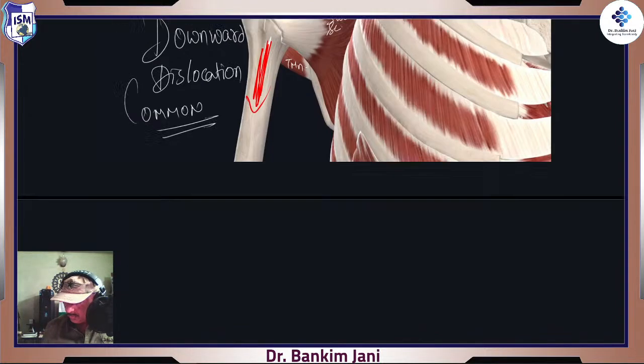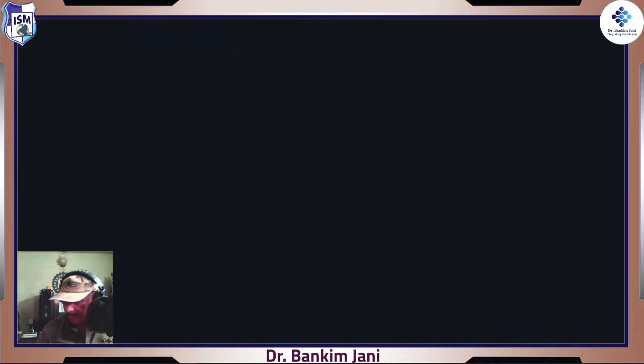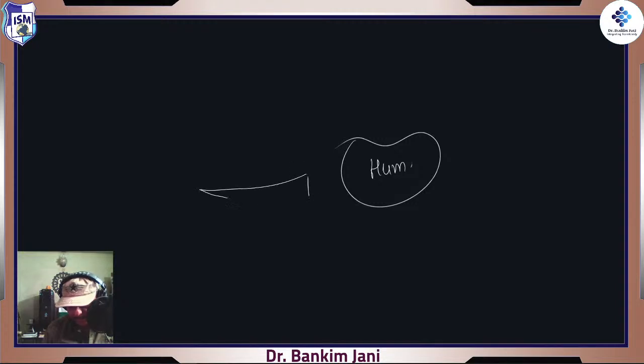So how will we really draw it? Say that's your humerus, correct? That's the humerus, and this is the scapula. If I draw it like this, any muscle over here would be subscapularis, and any muscle over here would be either supraspinatus or infraspinatus.